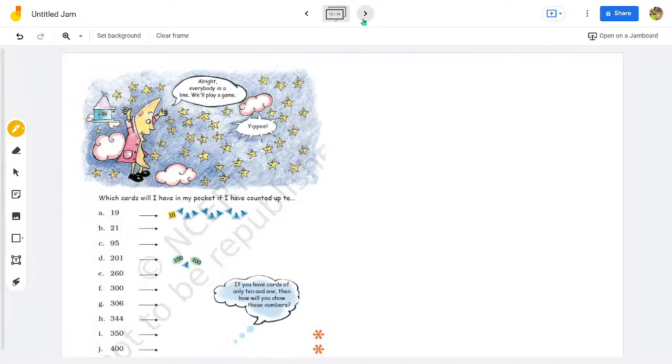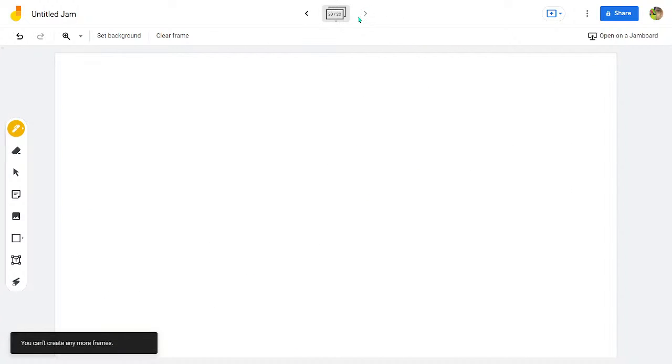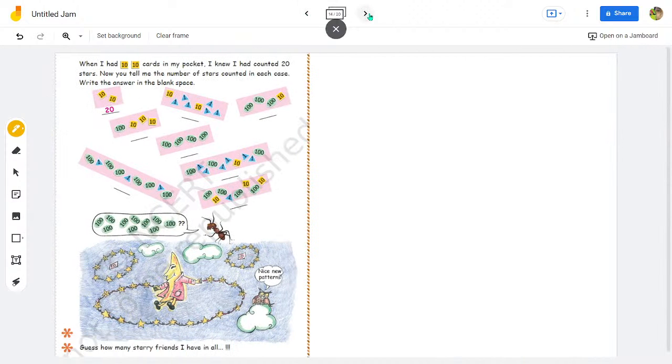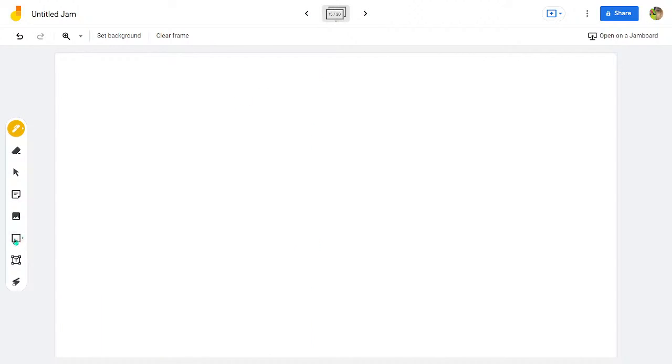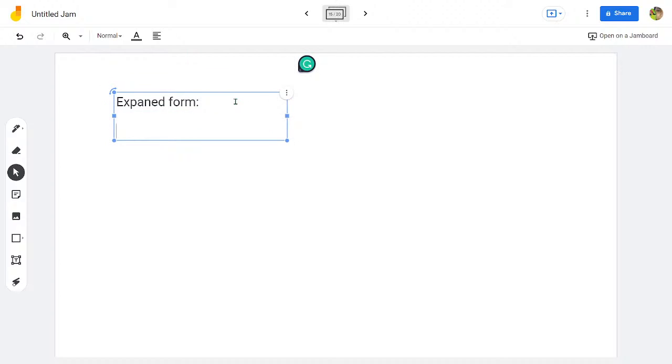let's learn a bit more about 3-digit numbers. Now let's try writing the expanded form of a few 3-digit numbers. Let's say the first number would be 200.